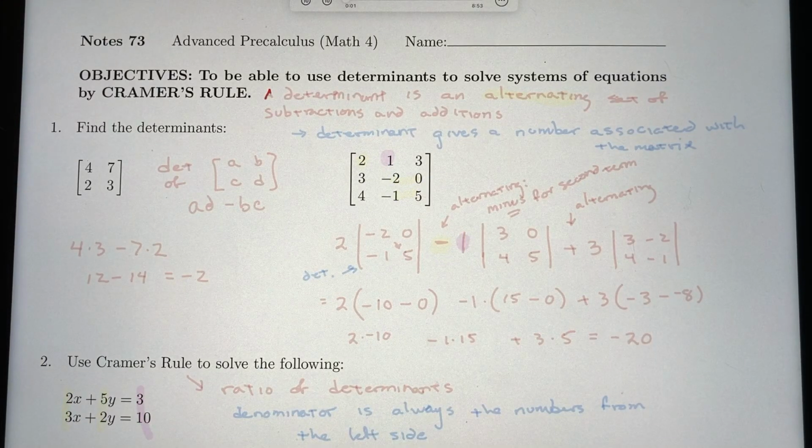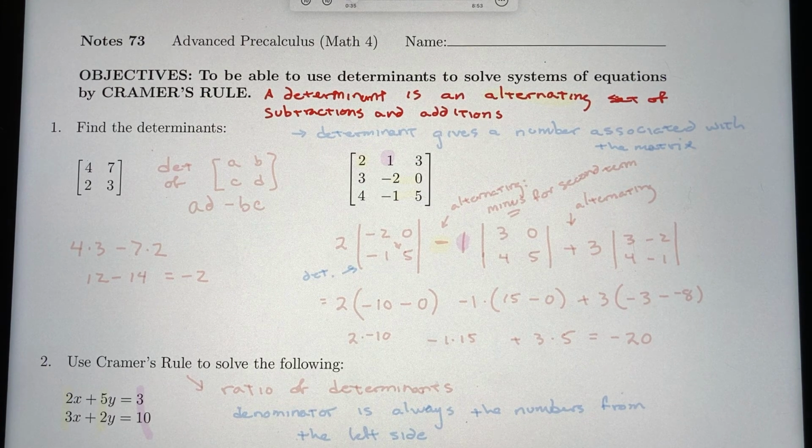All right, a determinant is an alternating set of subtractions and additions using diagonals.